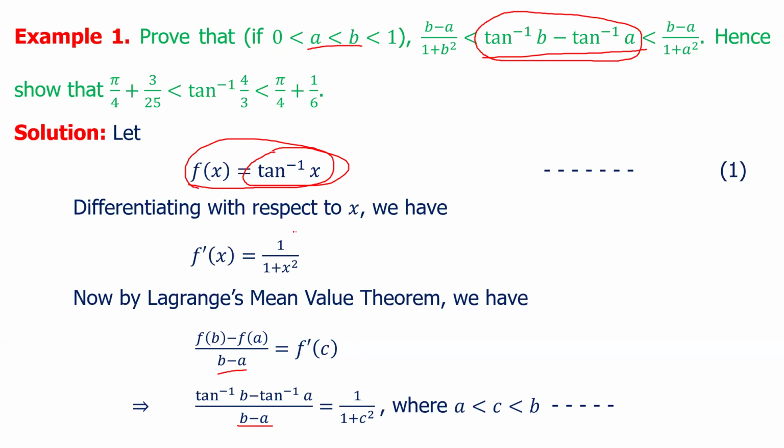And for f'(c), we put x equal to c, giving 1 upon (1 plus c square), where c lies between a and b. Let us call it equation number 2.